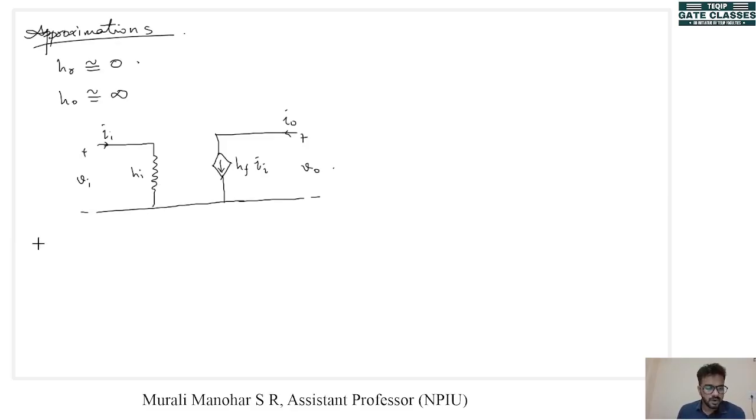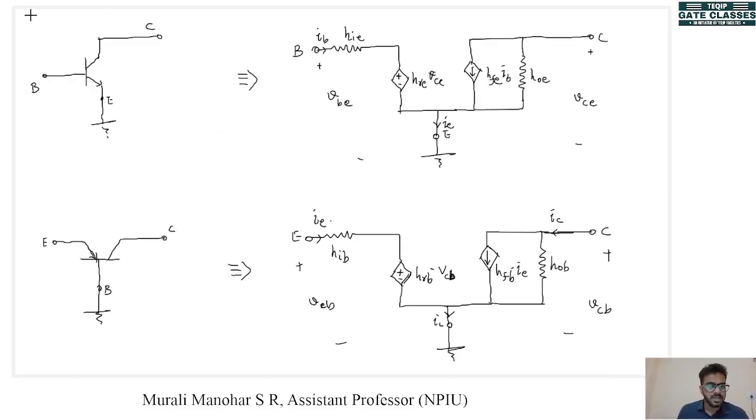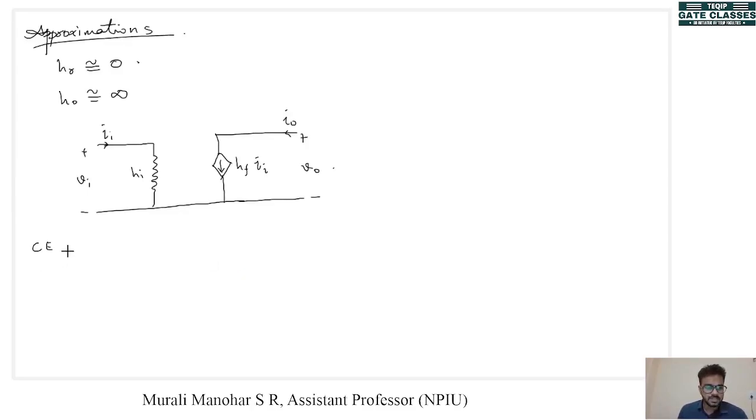Now for common emitter configuration, I have named them. This is common emitter configuration and this is common base configuration. So for common emitter configuration, the approximate model in H parameter is like this.